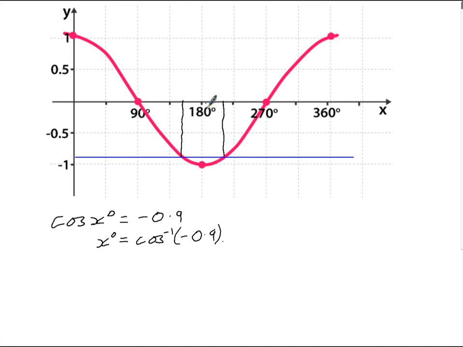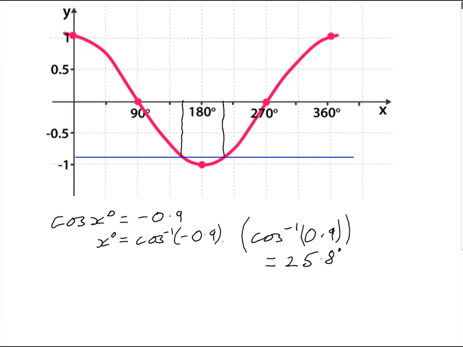So what you can do is if you take the inverse cos of 0.9, I'll just put this in brackets at the side. So that's at positive 0.9. When you put that in your calculator, it comes out at 25.8 degrees. And what that's doing is that tells us that to get from here to 0.9 took 25.8 degrees.